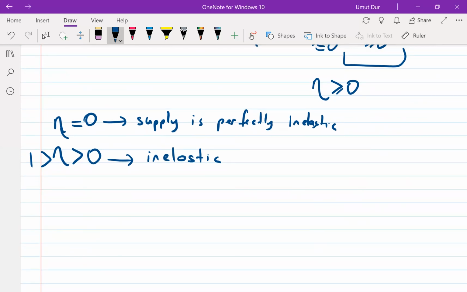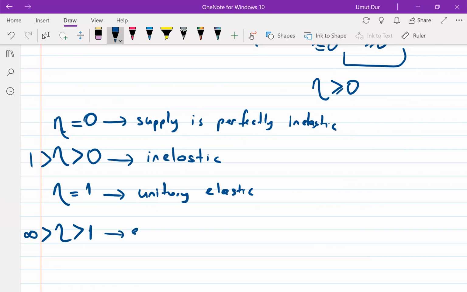If it is equal to 1, it means that it is unitary elastic. If it is greater than 1 but less than infinity, then we say it is elastic. And if it is positive infinity, then we say that it is perfectly elastic.